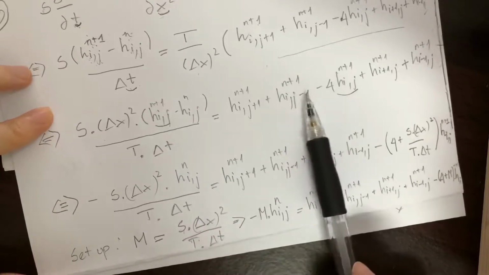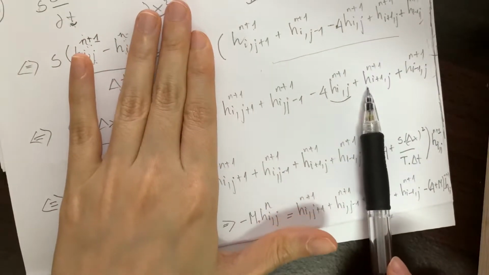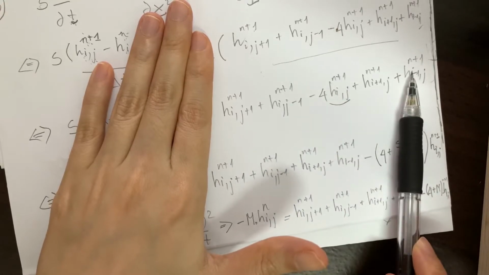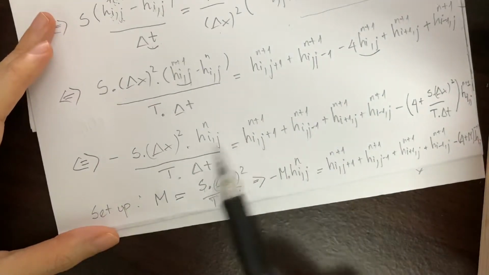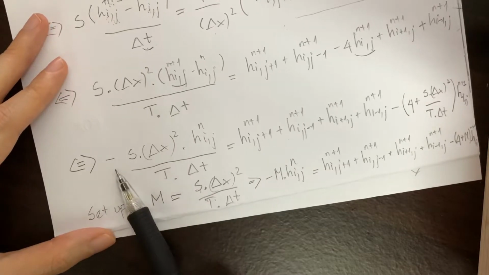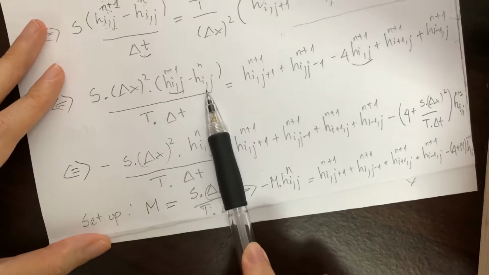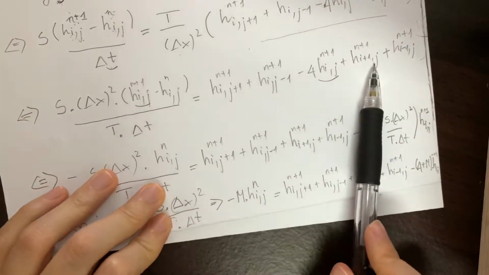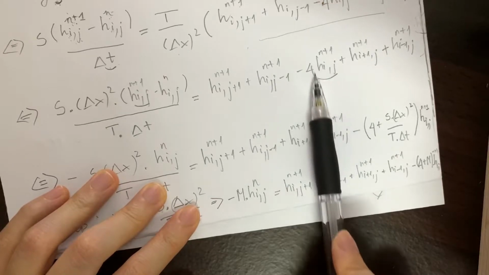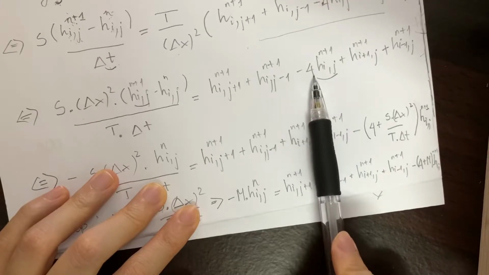This term will just disappear, and you just have this one here. And from here, why do you have the minus here? Because just look at this, you have the S i,j here, and on the right side you also have the S i,j with the coefficient of minus 4.